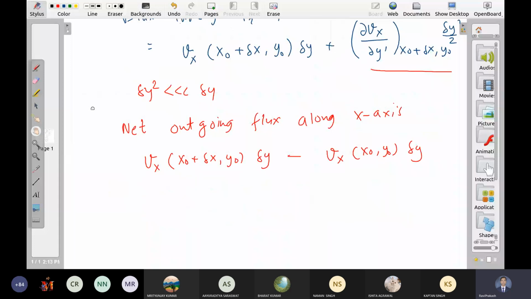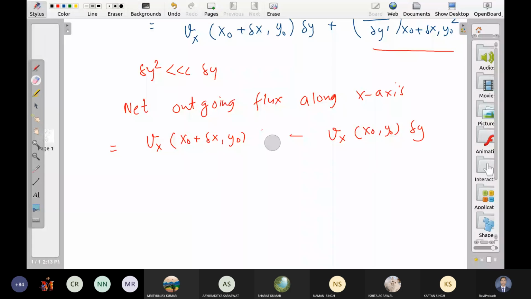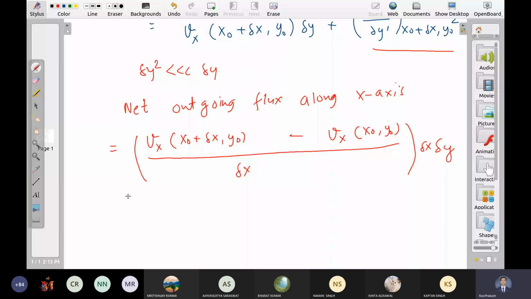So delta y is common. Okay. What is this quantity? Right. So this is the net outgoing flux along the x-axis.